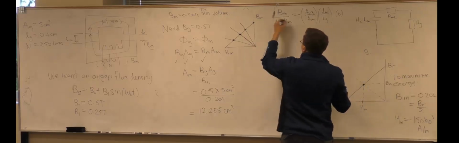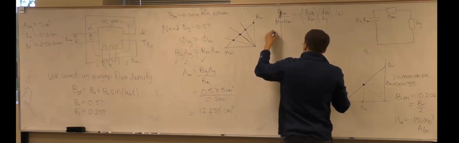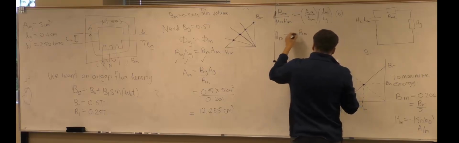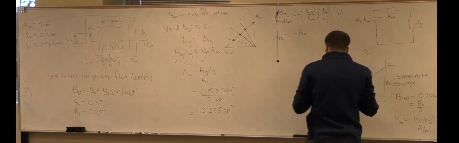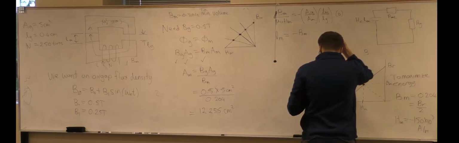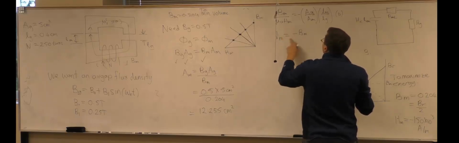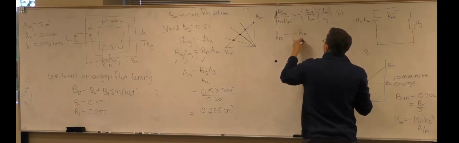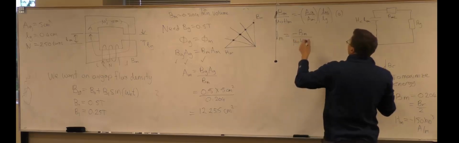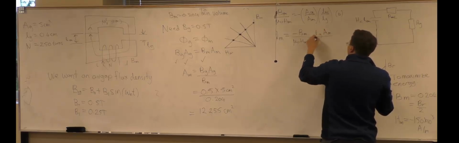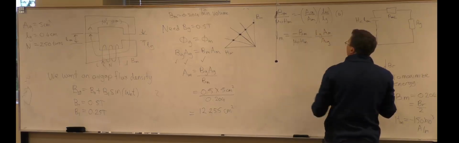Rearranging, we get LM is equal to minus BM over mu naught HM, and then we've got LG times AM over AG, like that.